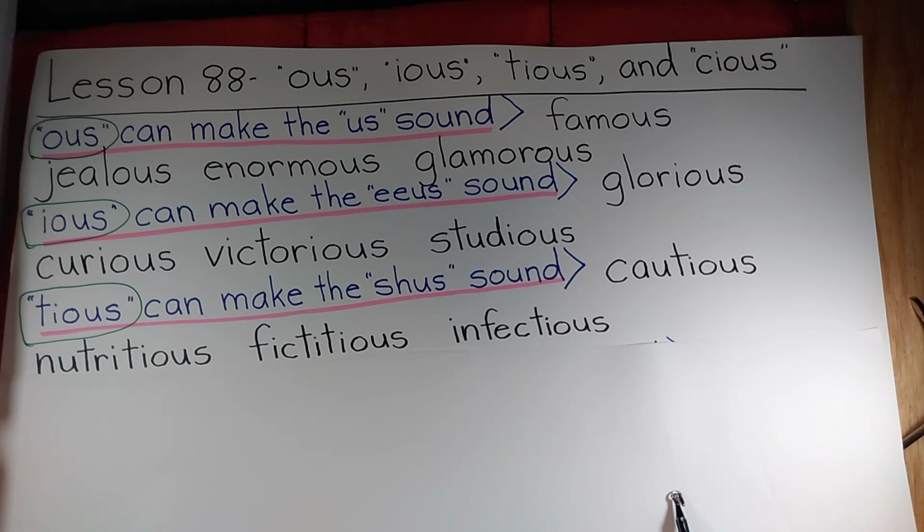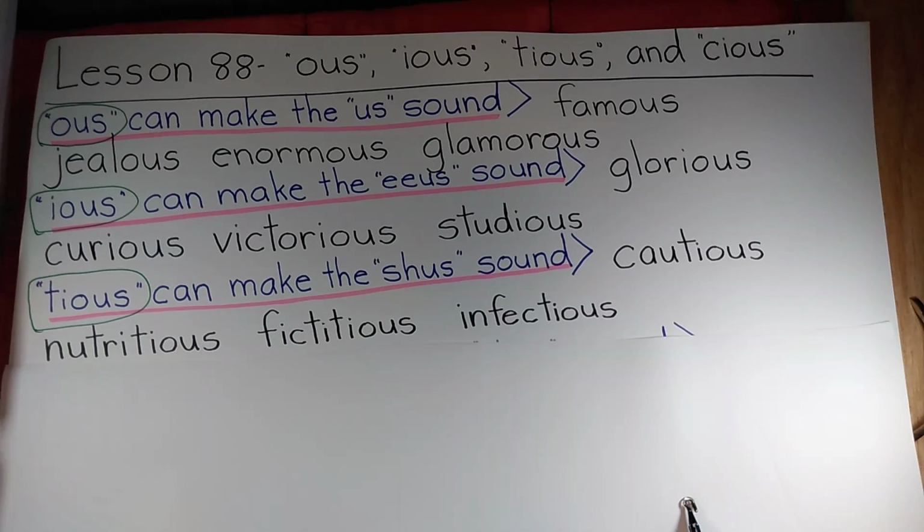And teachers, have students read to you, and help if needed. Some of these you're probably going to have to help them break the words into syllables to pronounce them. Press pause.